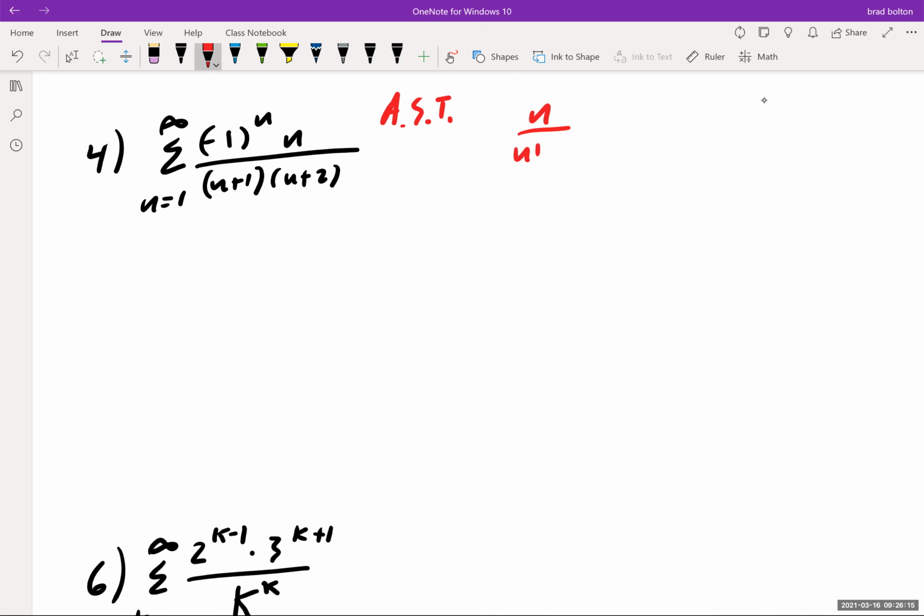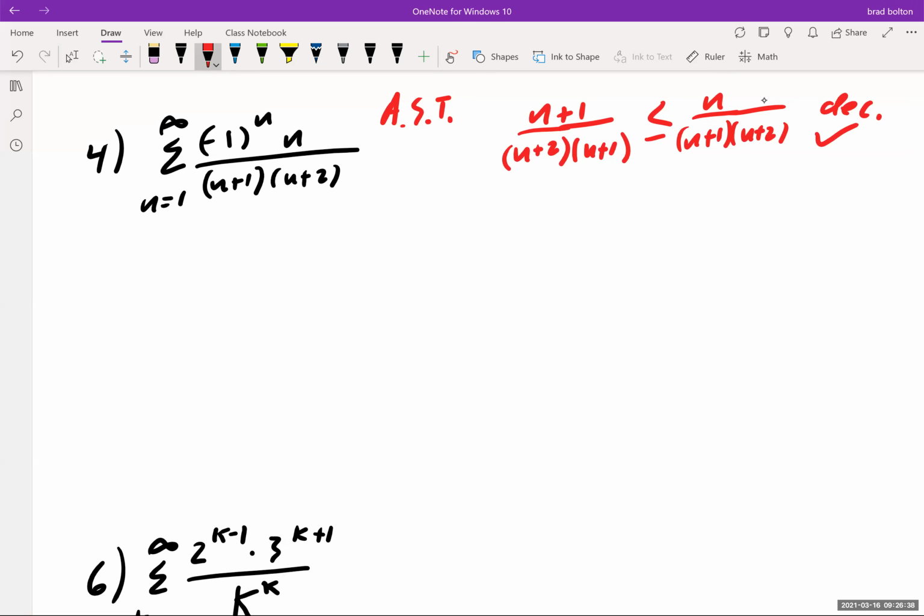So n over n plus 2, n plus 3, so this is n plus 1 over n plus 2, n plus 3, is obviously smaller than n over n plus 1, n plus 2. Okay, so this is decreasing.